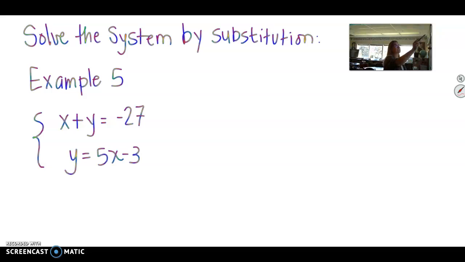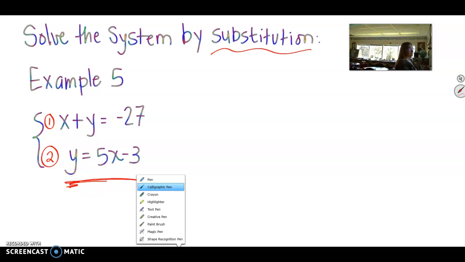Method 1 we're going to look at is called the substitution method. The substitution method you're going to want to use when you have one equation solved for one of the variables. So if equation 1 is x plus y equals negative 27, and equation 2 is y equals 5x minus 3, this second equation is solved for y. Y is on one side by itself.